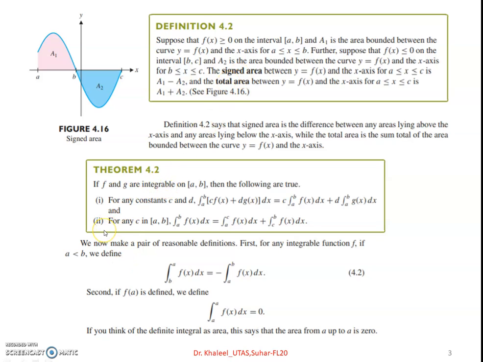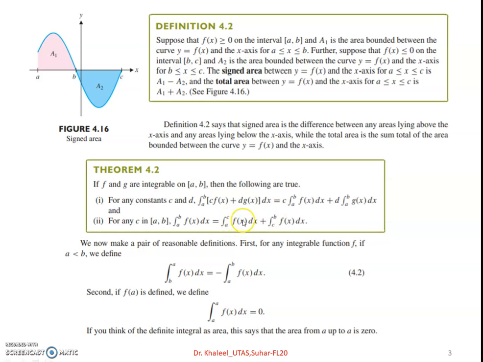Some of the important theorems here: for any constants c and d, the definite integral from a to b of c f(x) plus d g(x) is, we can take this c out and d out. Then another theorem: for any c in [a, b], the integral from a to b of f(x) dx is the same as the integral from a to c plus the integral from c to b.